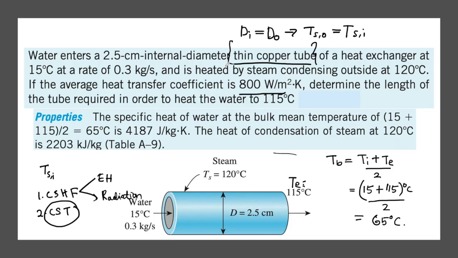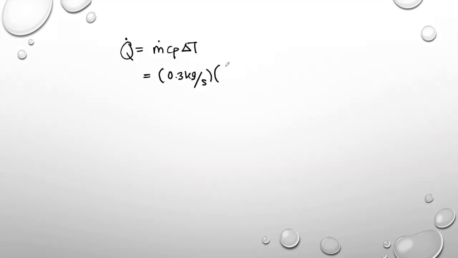What is Cp? 4187 joule per kilogram dot Kelvin, times 115 minus 50.